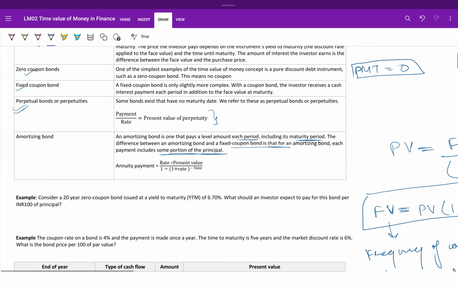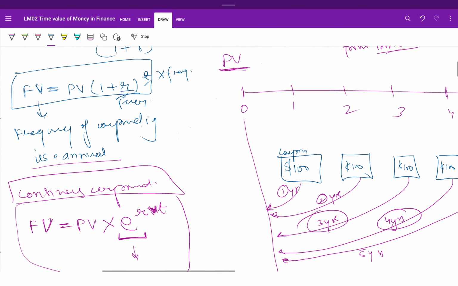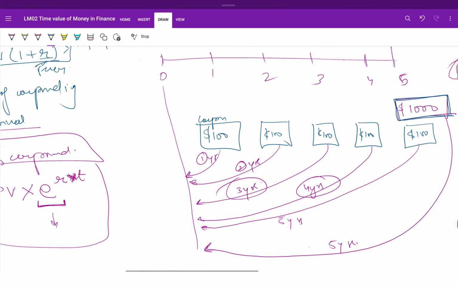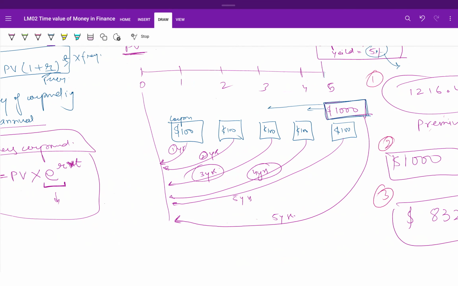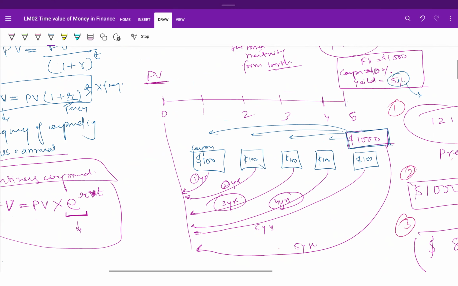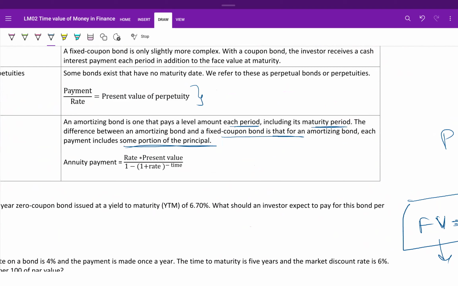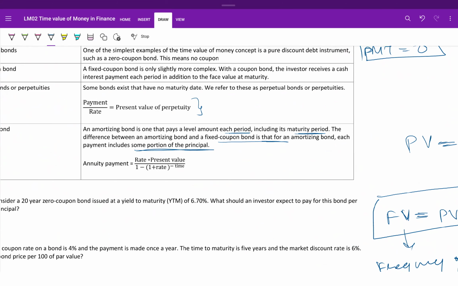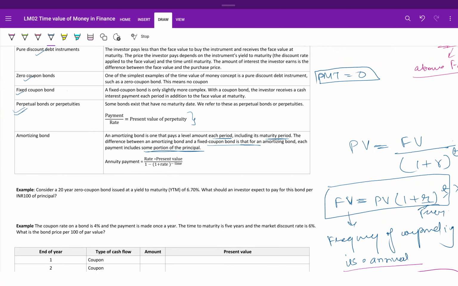So if I am paying you a certain portion of principal along with the coupon payment, how would you calculate the present value of that bond? For that, the logic is simple. Don't get confused with the formula. We will discuss the formula when we do a question on the amortizing bond. Don't worry about it, and I'll try to make it as clear as possible.